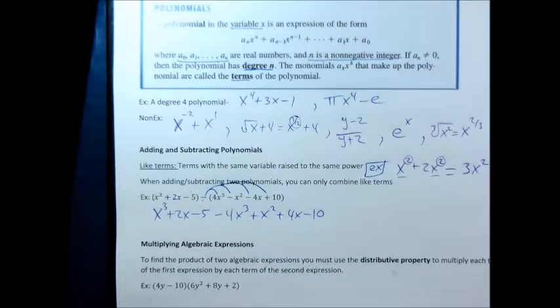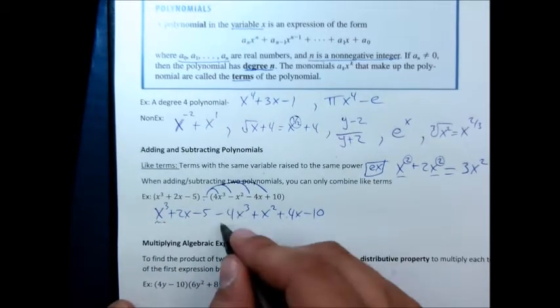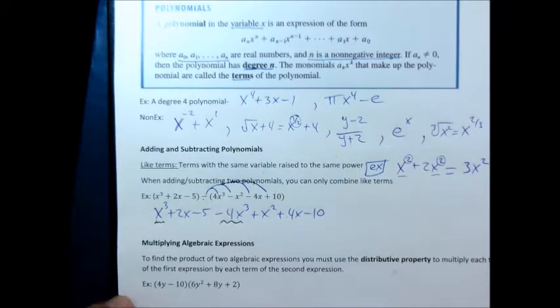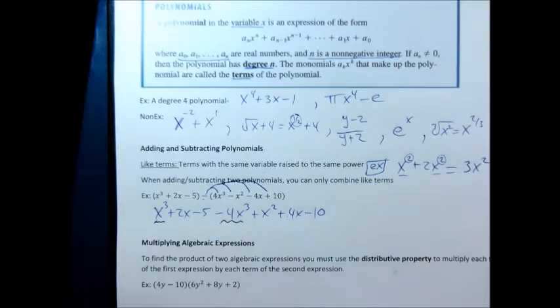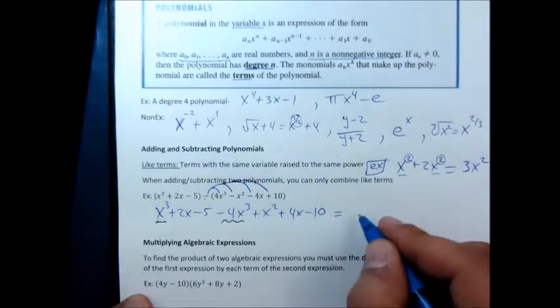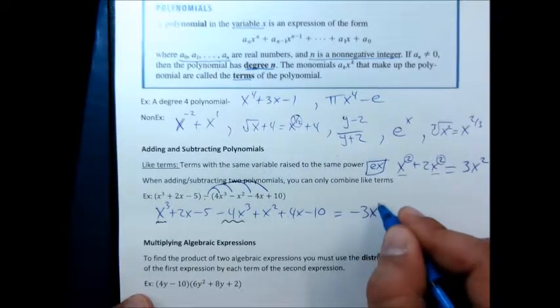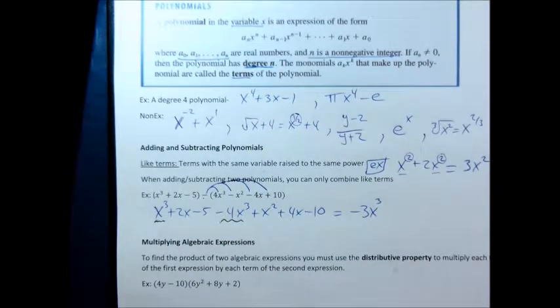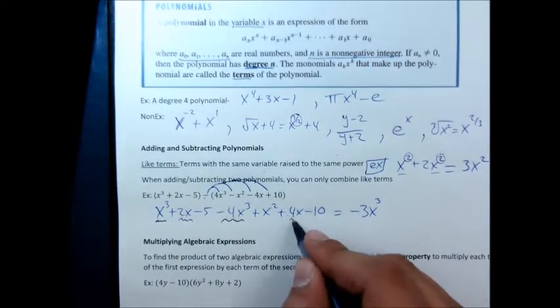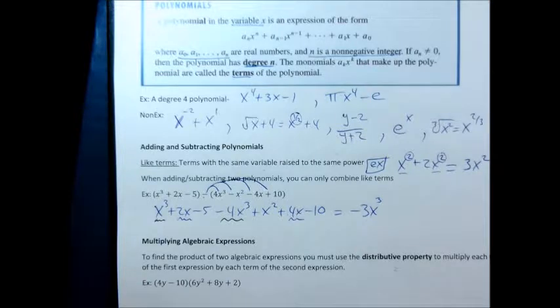And then we just look for common terms, terms that have the same variable and the same power. There are 2 x cubes in there, so we can combine those into minus 3x cubed. We see that there are 2 x's, a 2x plus a 4x, and let's do the x squareds first.